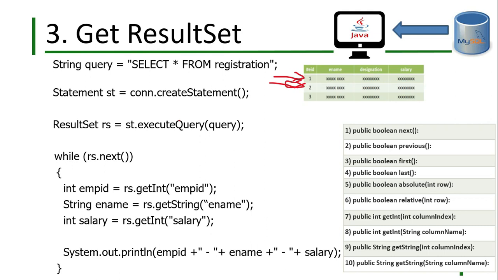After displaying the second record, we again move to the start of the while loop. It will retrieve a third record with the next function, and we will fetch and display the data of the third record.